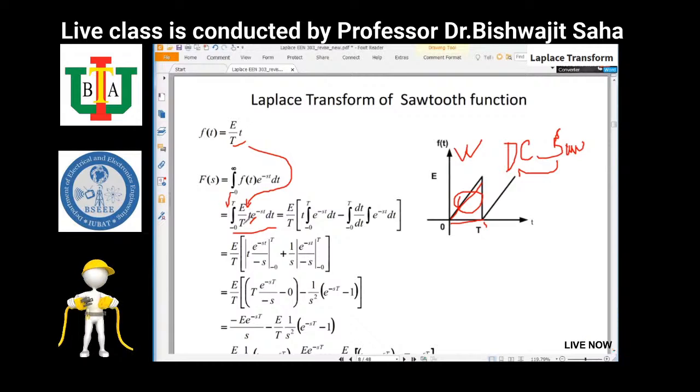E by T has been taken out from the limit, then 0 minus to T. We consider u as t, and e to the power minus st as v.